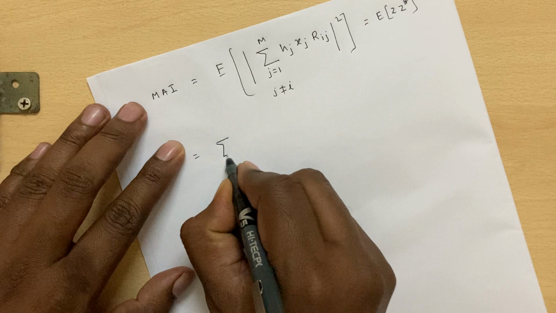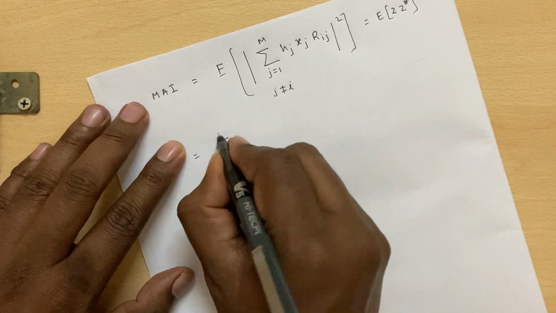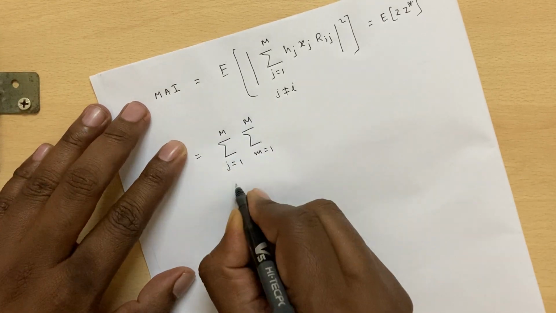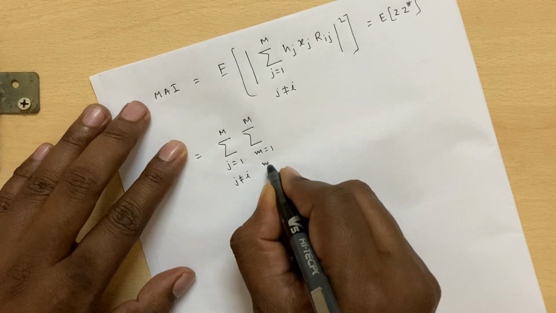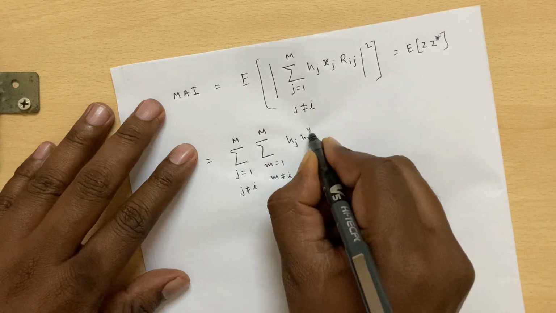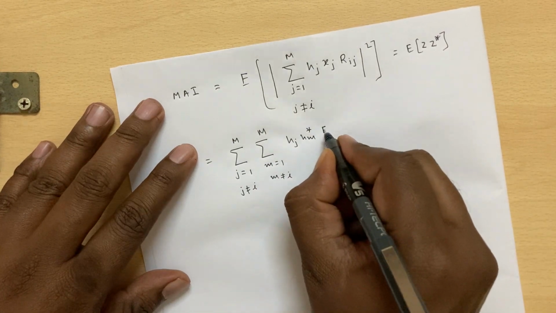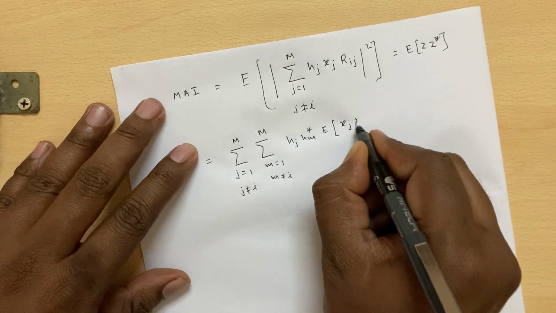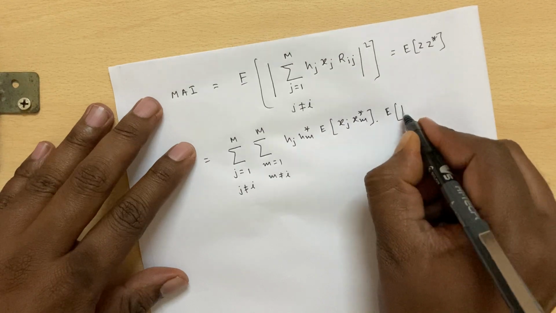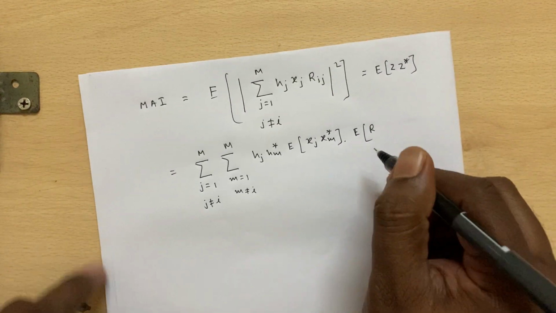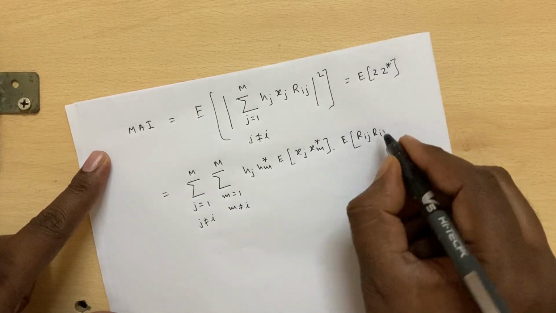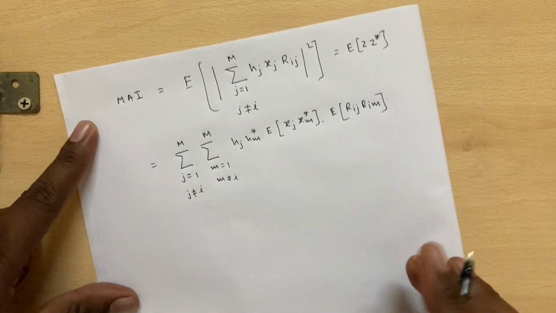You can expand this as a sum over j equal to 1 to m and a sum over m equal to 1 to m, where j not equal to i as well as m not equal to i, of hj into hm conjugate, and the expectation of xj into xm conjugate, and the cross-correlation value Rij, which is actually a real number, so we can write it like this without the conjugate.